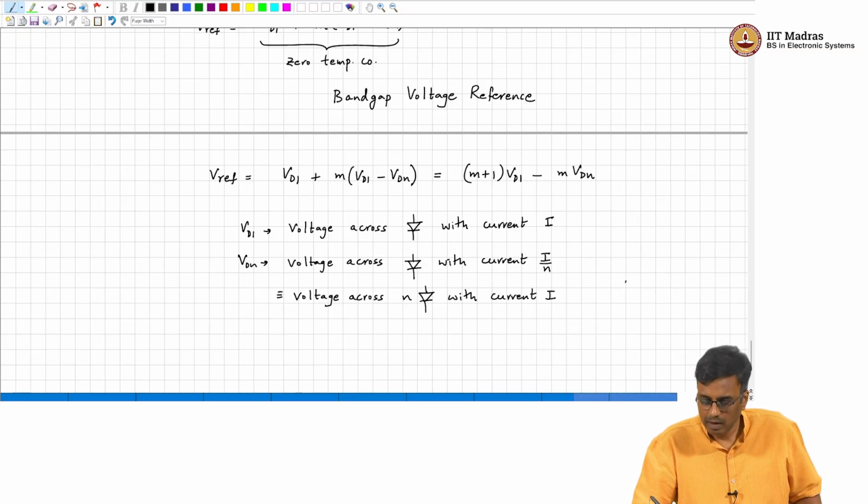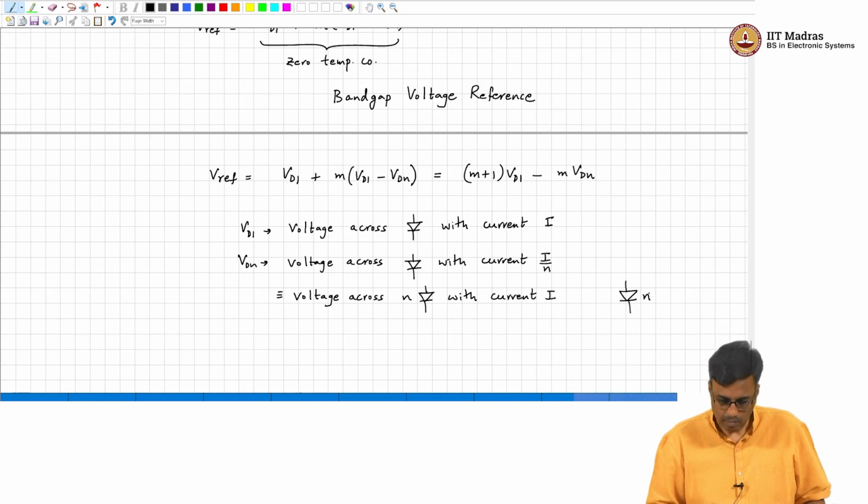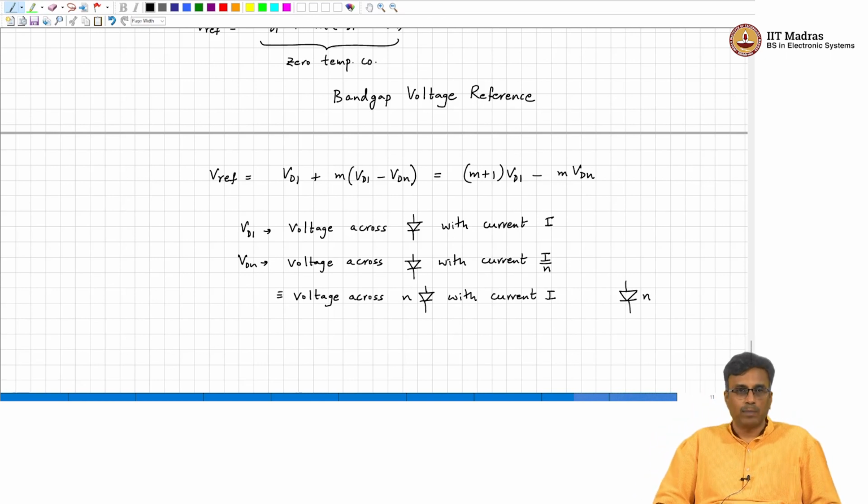So, rather than go on drawing N diodes, commonly people put just N by the side, and it is understood that you have N identical diodes in parallel.